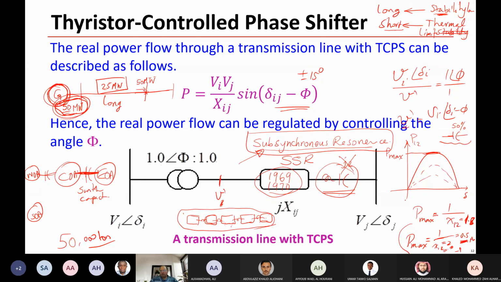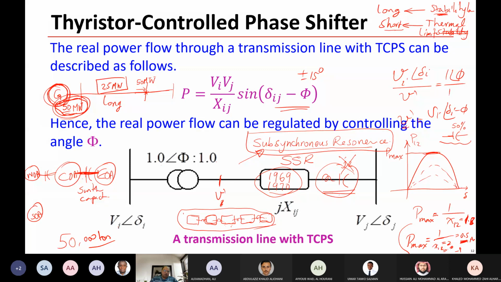So you can control even this compensation to 10%, 20%, 30%. But what we have here in Saudi Arabia is a switched capacitor. It is not thyristor controlled, and there is no other control than switching capacitors.